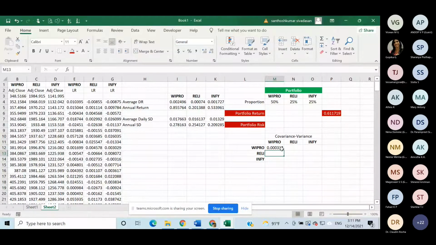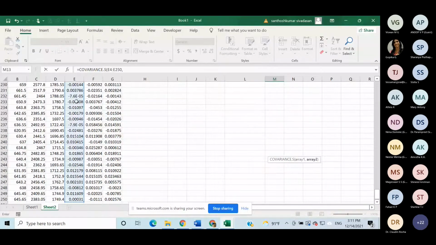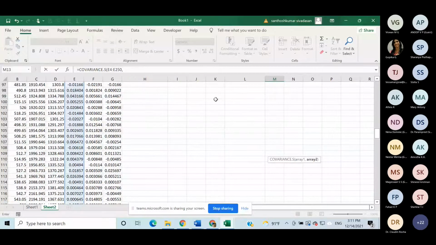Hello. So this column is equal to covariance sample. So this is Wipro and Reliance. So first of all, you choose Wipro, Control Shift down arrow, comma, Control Shift down arrow. Then Wipro you have chosen. Now what you have to choose?